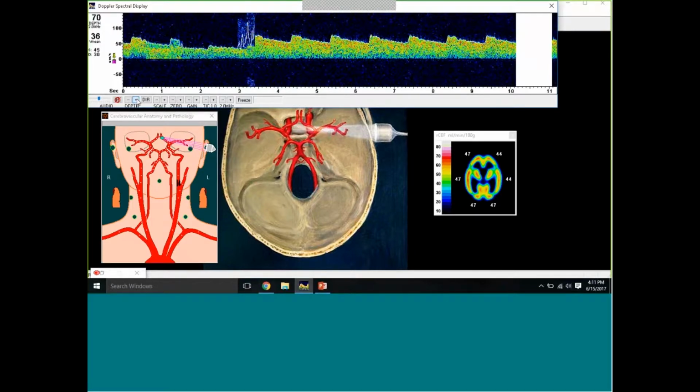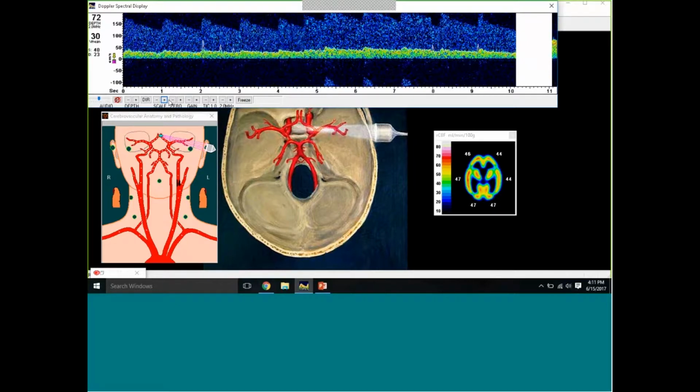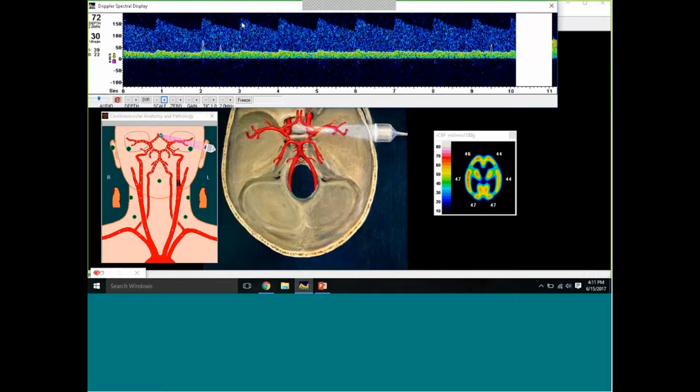And what do we have here? Mountains on mountains, right? We talked about this when we had our collateral flow lecture. The anterior cerebral artery should be going away from the probe, but instead it's coming towards us. Here's your middle cerebral artery.